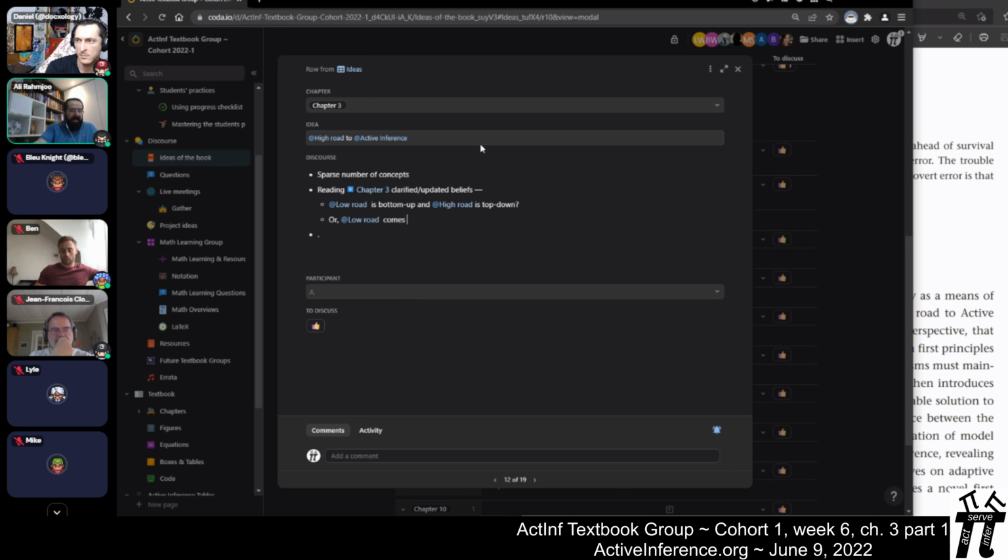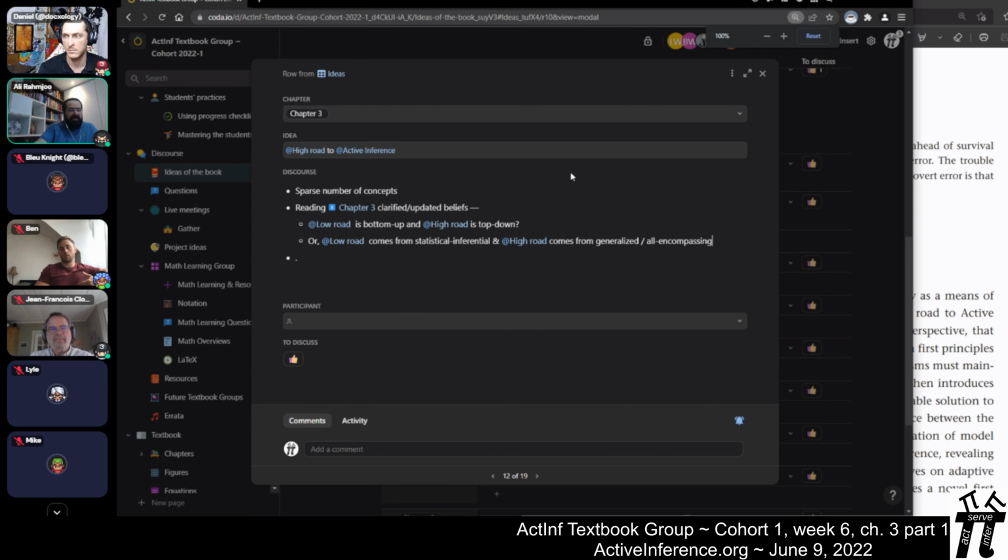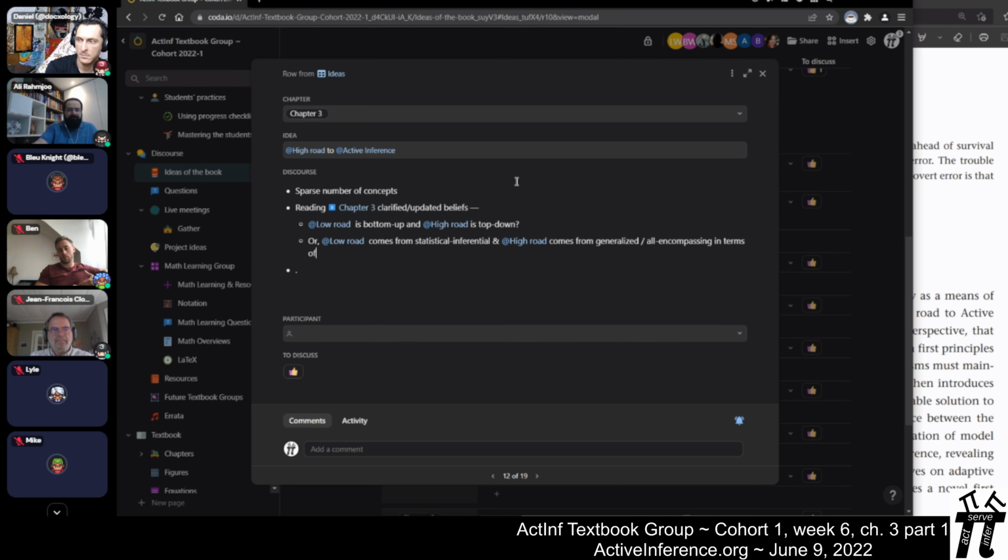But in the high road, we have a much more generalized and all-encompassing view to tackle the problem of active inference, namely by way of defining Markov blankets and all the properties of living organisms and so on. Awesome. Thank you. Ben, and then anyone else who raises their hand.